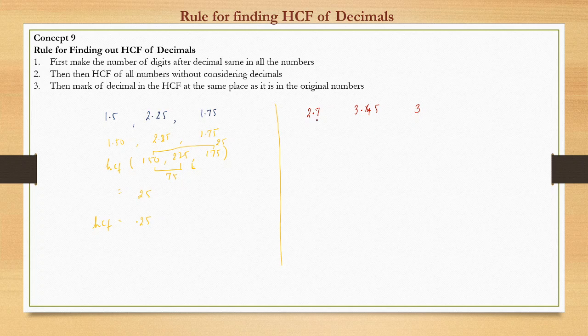So here we have 1 digit after decimal, here 2 digits after decimal, here no digits. So first we will make them all have the same number of digits after decimal. So 2.70, this is 3.45, and this will be 3.00.